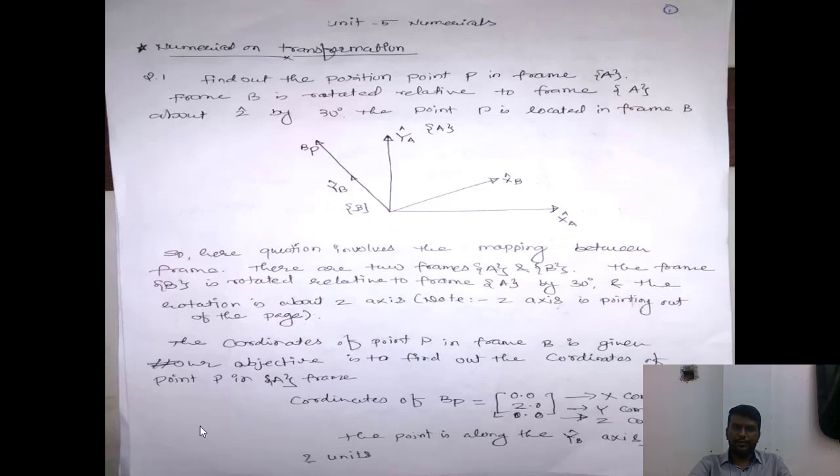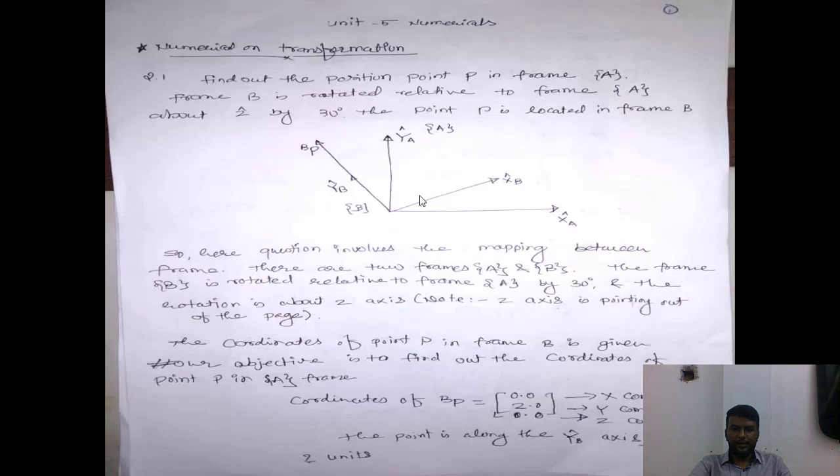What we need to find out is, if it is rotated by an angle of 30 degrees about the z-axis. The z-axis is coming out of the paper, right?